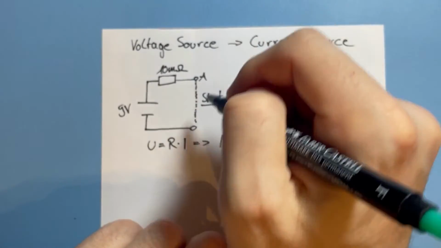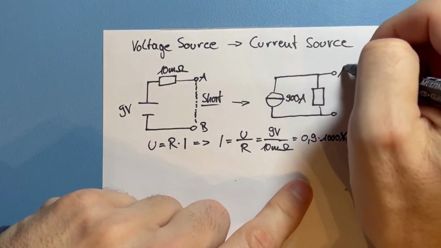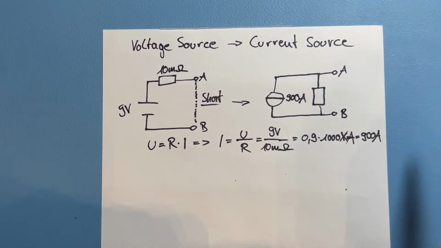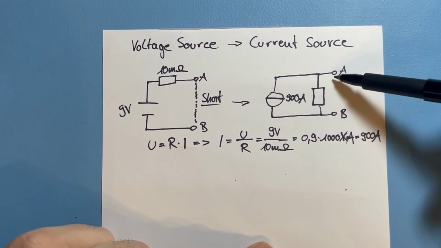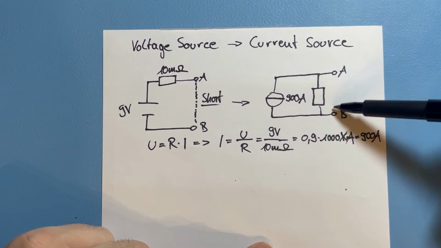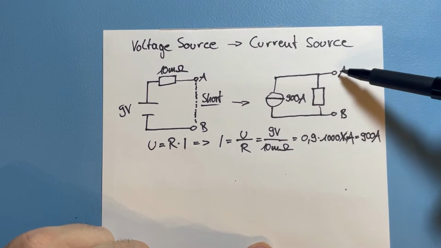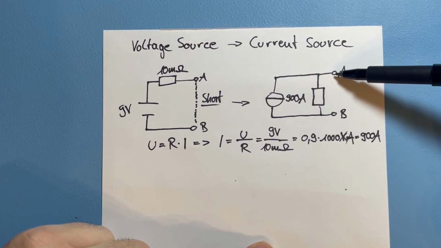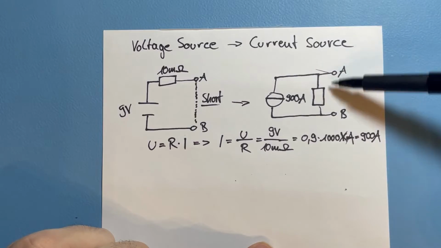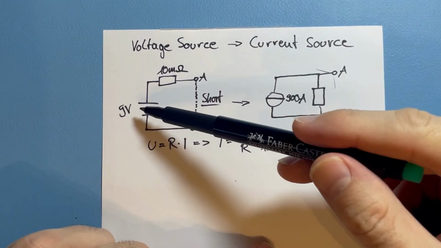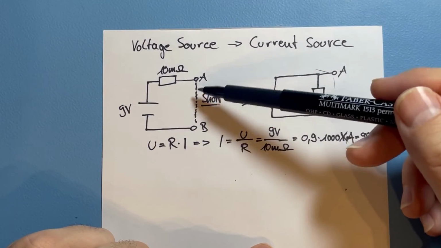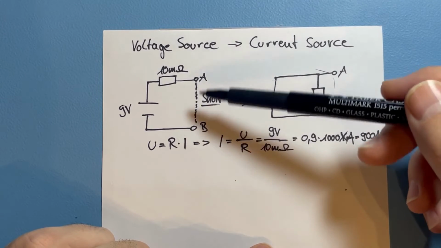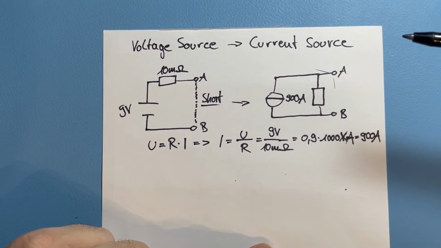So we have here our pole A, our pole B. Now if we short this out, A B, then the current will be 900 amperes, because the current will seek the path of least resistance, and here will be no resistance. If it's shorted, we have 900 ampere here between A and B, and that is good.